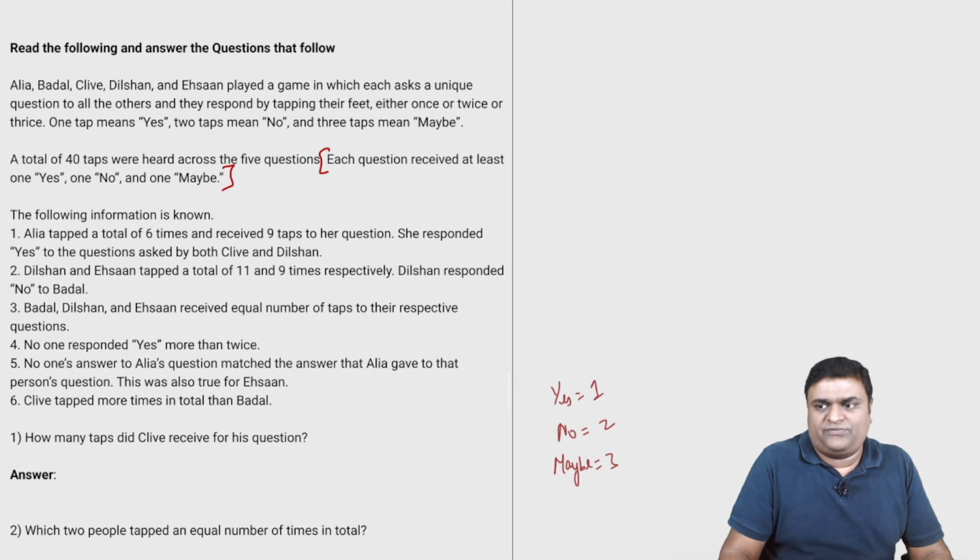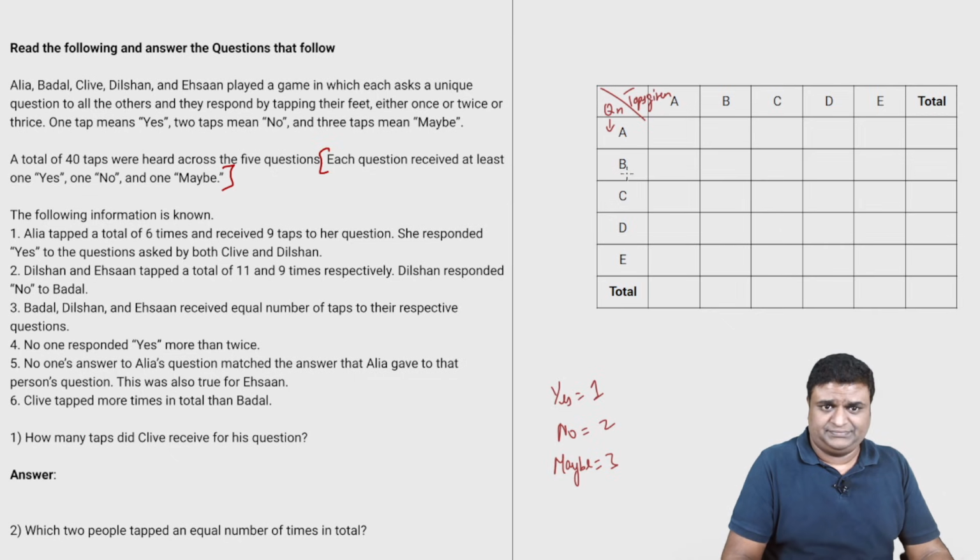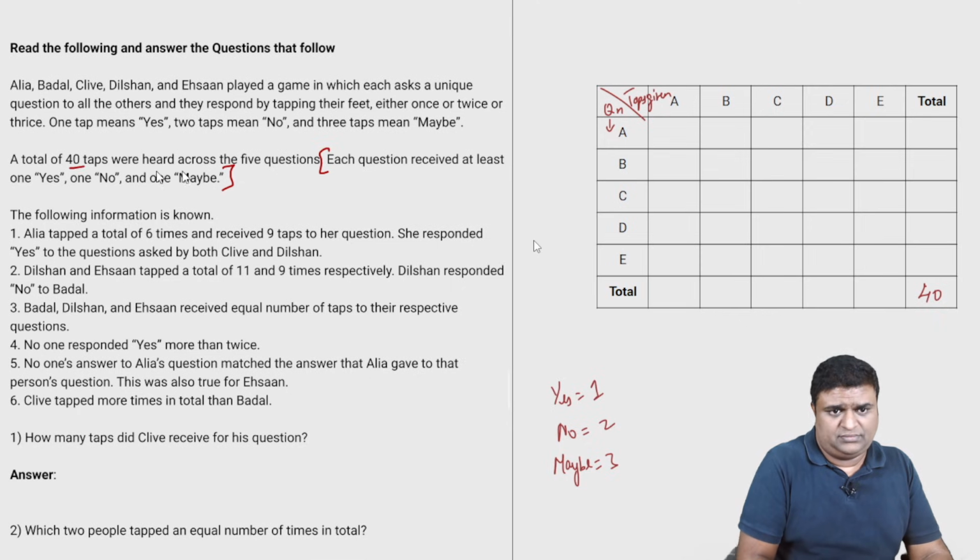So you can form a table like this, right? And how do we go about it? This over here is the question asked, and these are the taps given. Taps given by A, B, C, D, E to these questions, right? Makes sense? Yes. Grand total over here is 40. That's given over here.